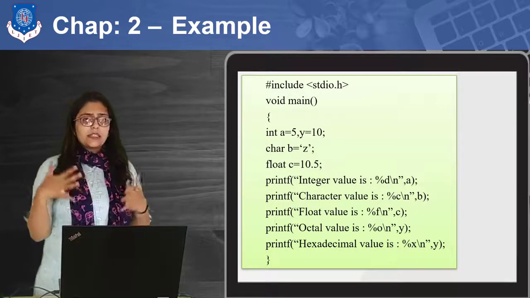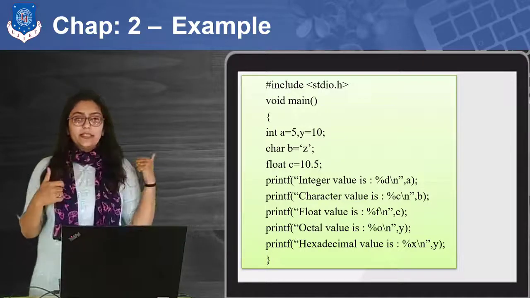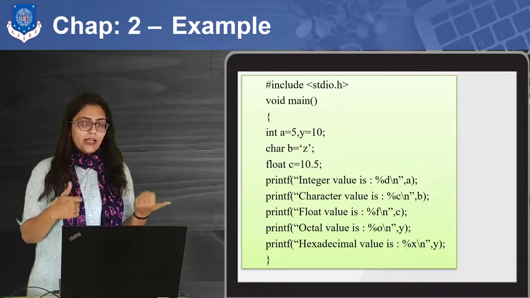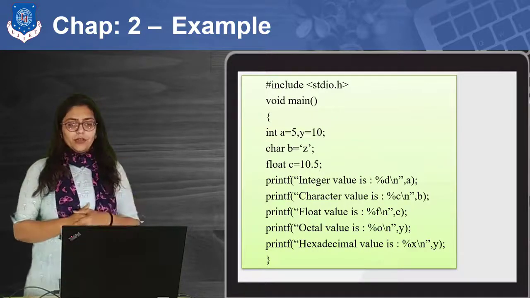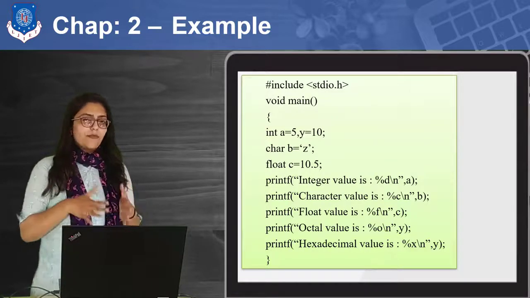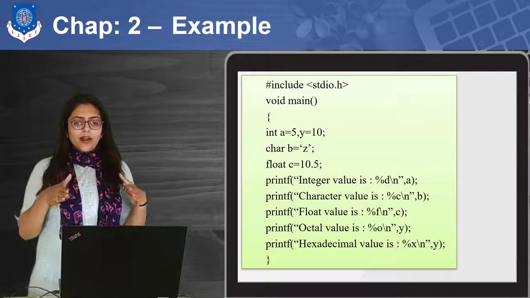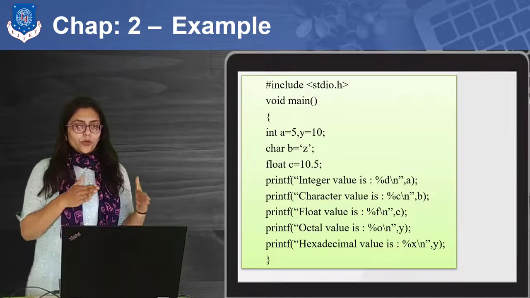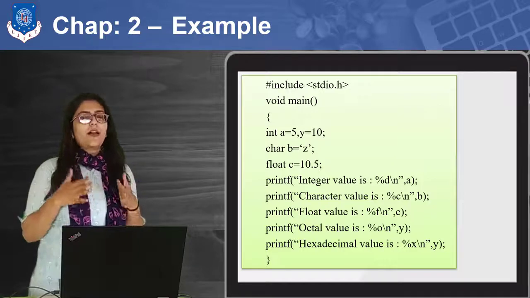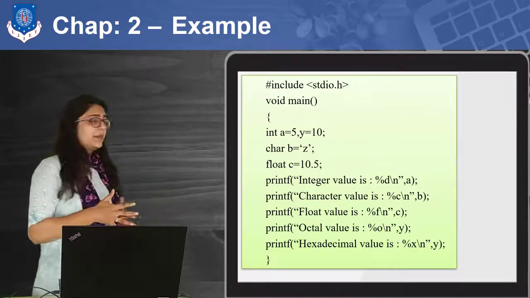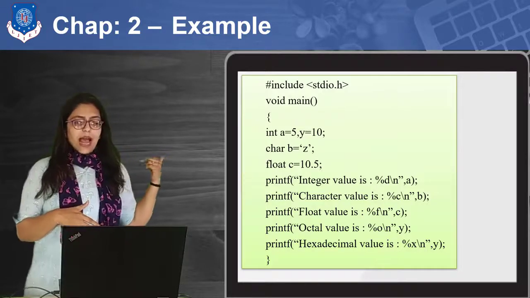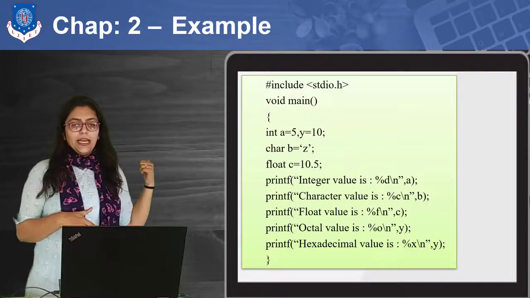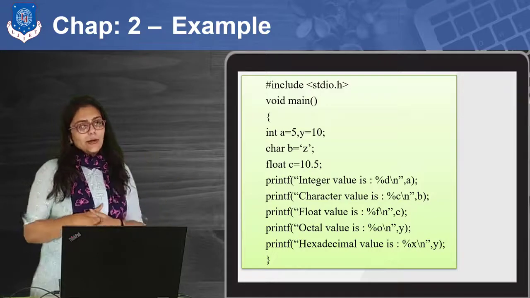Here c is declared as float and initialized with the value 10.5. Now I am using printf to print the integer value with %d, character value with %c, float value with %f, octal value with %o, and hexadecimal value with %x. And in place of the variable names, I am respectively placing a, b, c, y, and y.